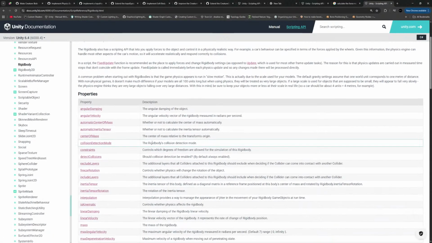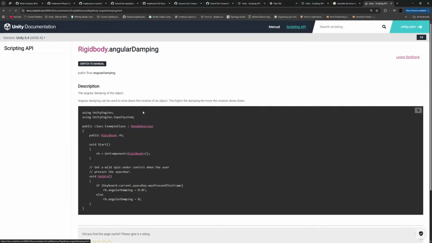Like, I'm wondering, do we have angular damping and what was it called before?